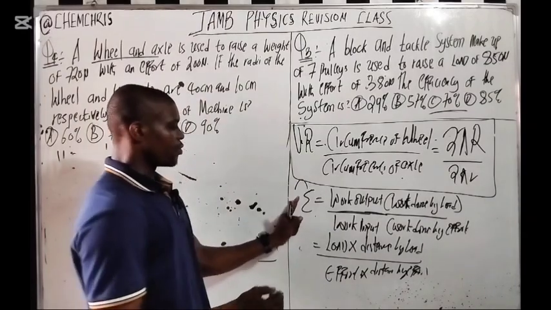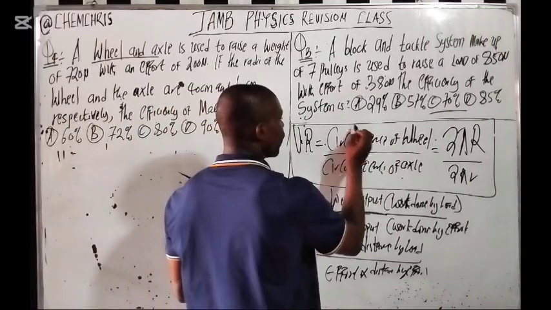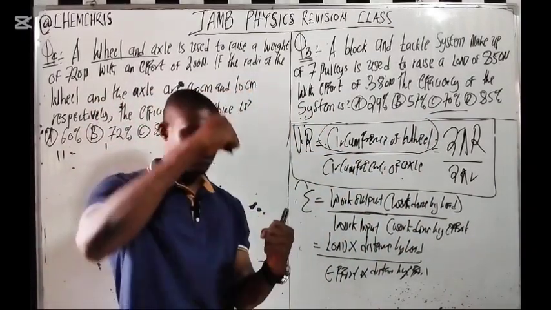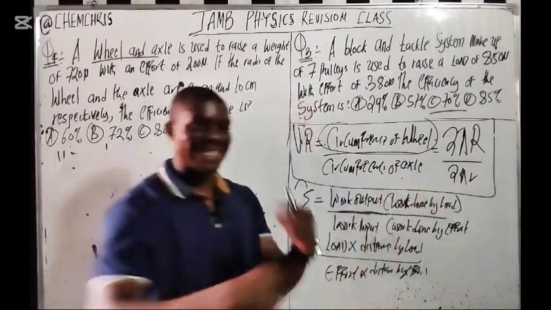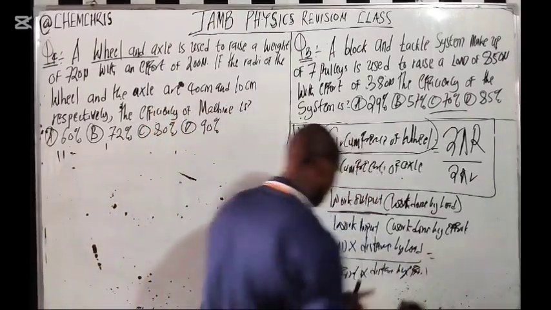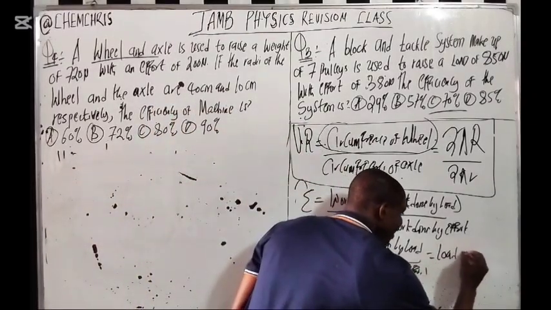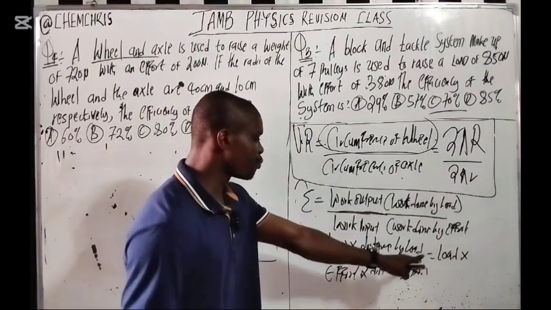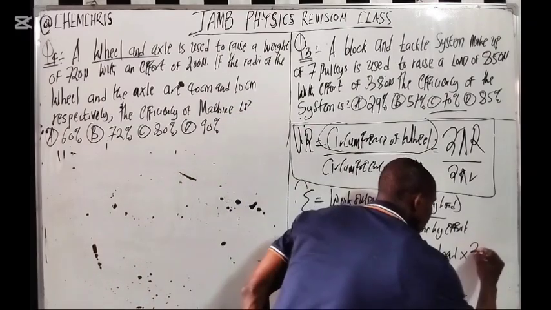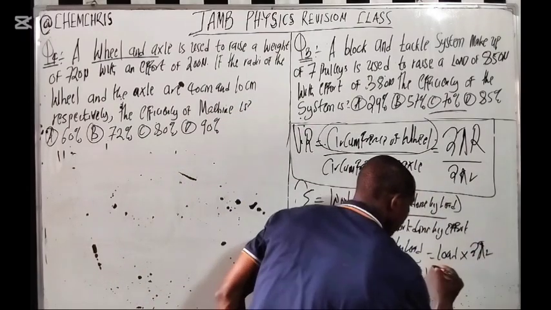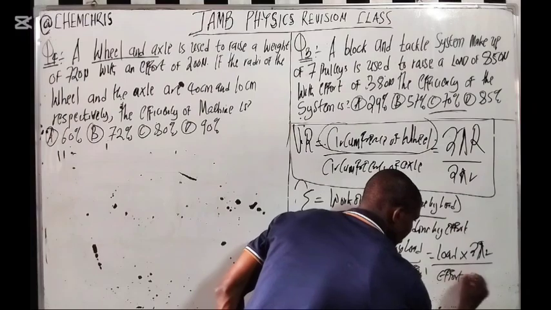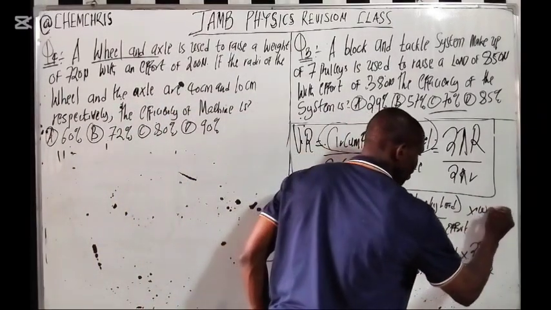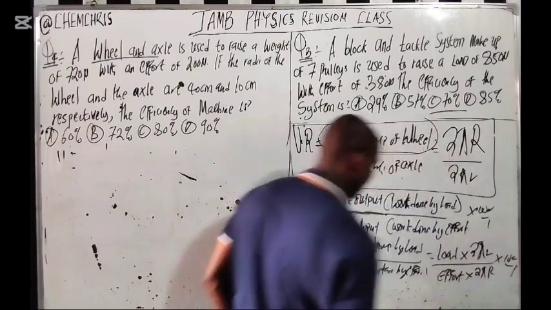Now remember, the effort is what you put in, while the load is what you raise. So load times the distance moved by load, over effort times the distance moved by effort, which is 2 pi R, times 100 over 1.